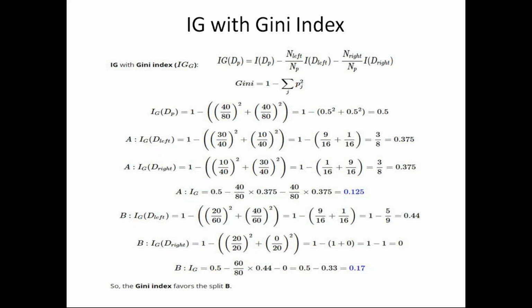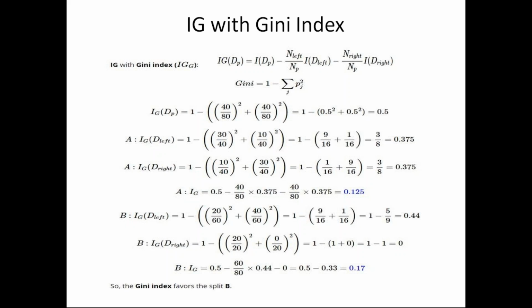Gini index tells you about the purity of the node, whether you can accept it as a conclusion or class or not. And information gain tells you on which feature you should split.